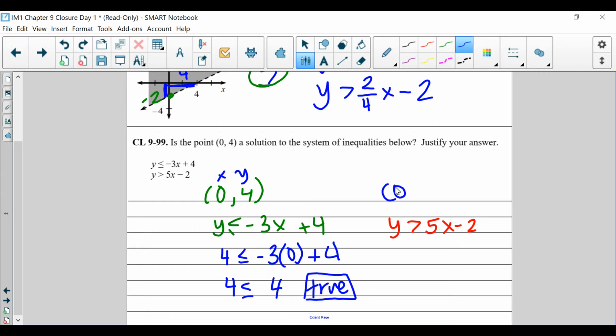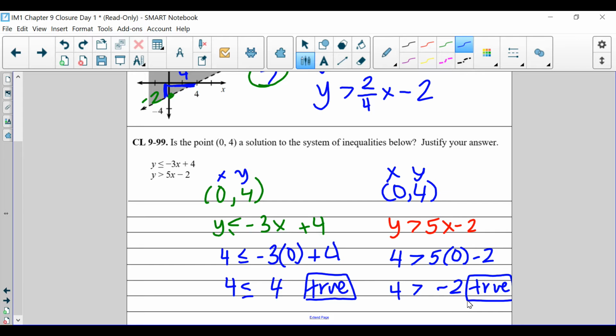But if we look here, and we look at this inequality, let's go ahead and write what we know. We said that y was 4, and that x was 0. So we look here, 4 is greater than -2. Is that a true statement? Yes, it is.